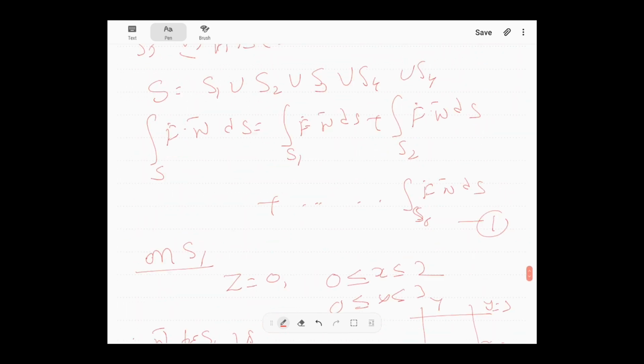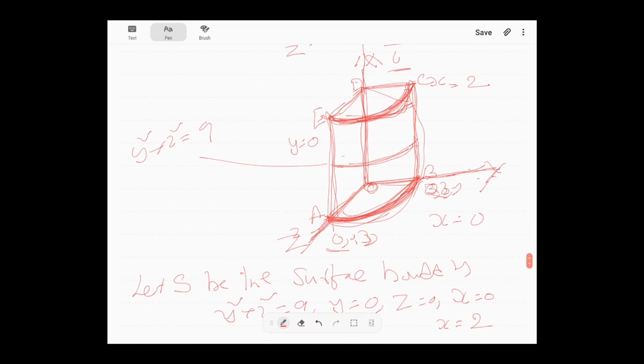Go back to the figure. I can take the projection on the YZ plane, I can take the projection on the XY plane, I can take the projection on any plane. If I take the projection on the YZ plane, again the projection will be on this.